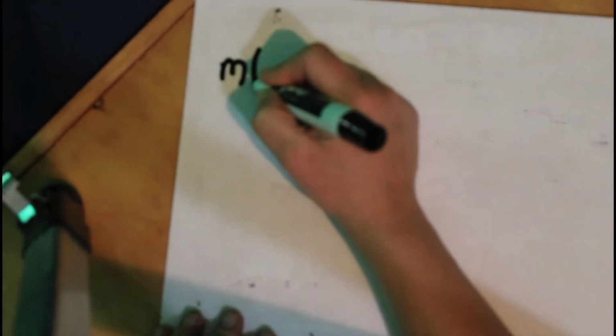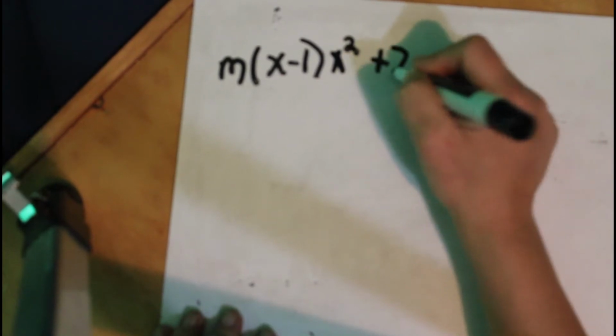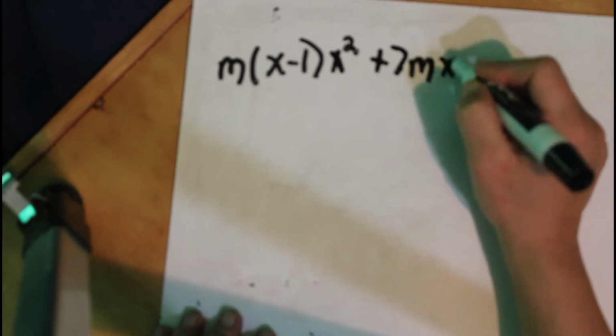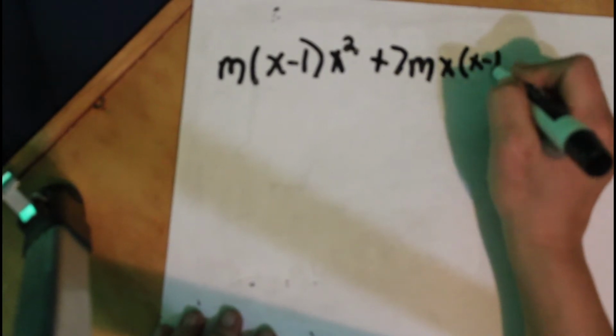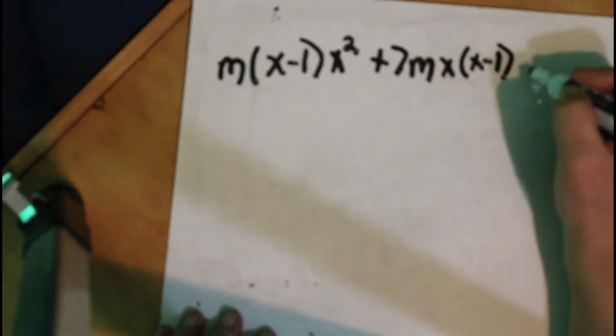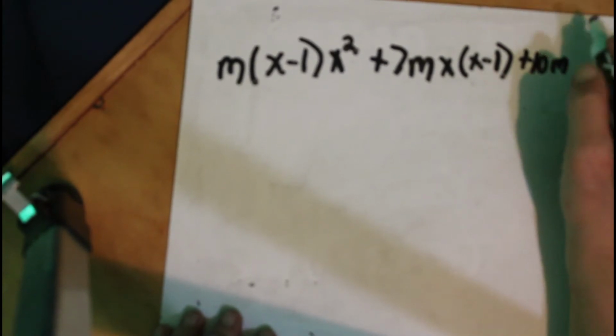This one is m times (x minus 1) times x squared, and then we've got plus 7m x times (x minus 1), and then we've got 10m times (x minus 1).